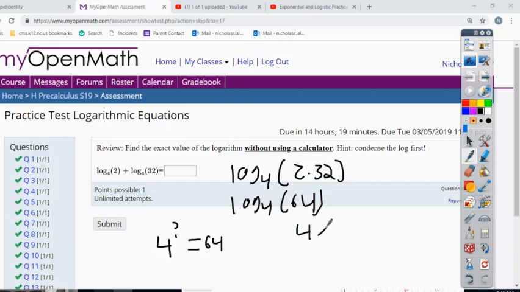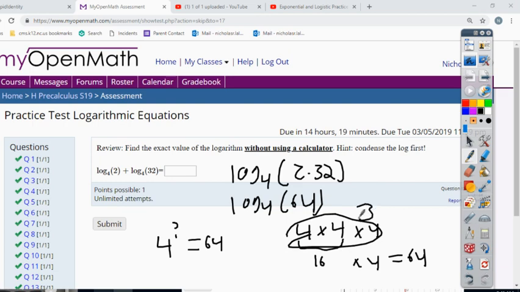Well, 4 times 4 is 16, times 4 is 64. So 4 to the what equals 64? 4 to the 3. 4 cubed equals 64. So this is equal to 3.